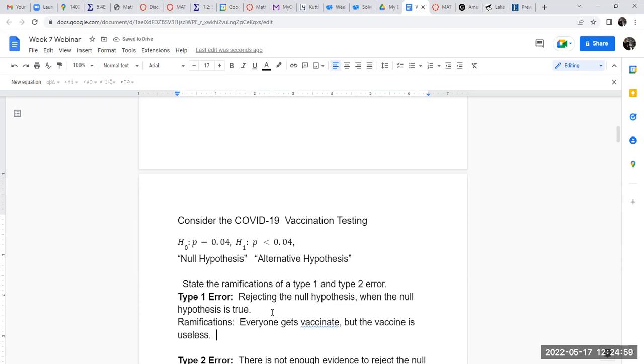So some of the ramifications might be that people think that they are safe, and more people get COVID. I wrote the vaccine is useless. People think that they're safer, and end up getting COVID anyway.